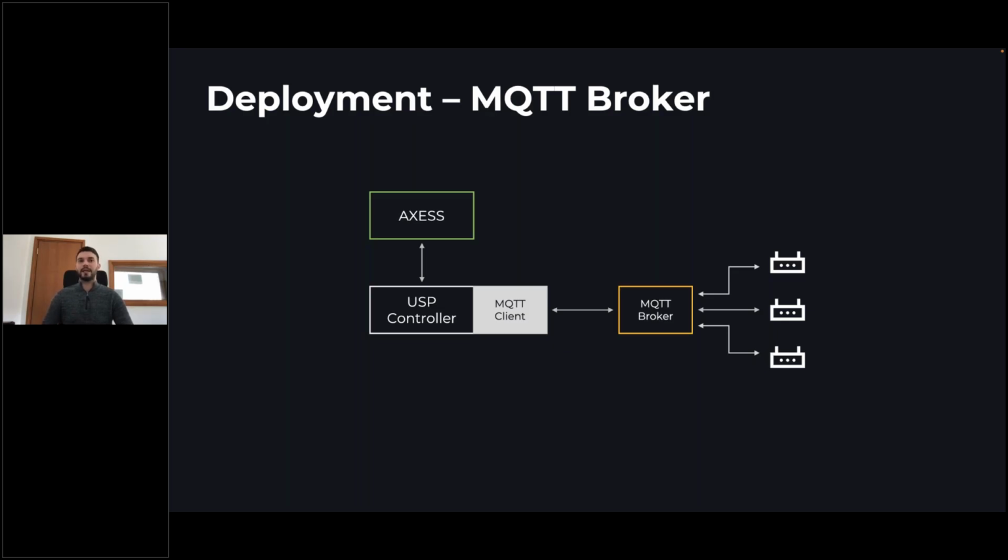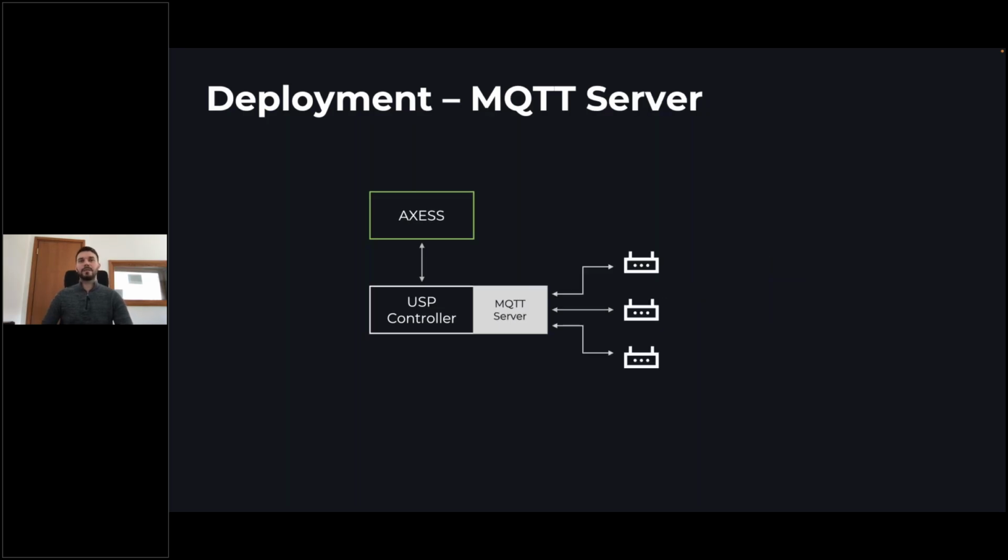We work in MQTT client mode and then use the broker in order to subscribe to certain topics or to push certain configuration to the devices, or rather the operation. So one note here is that customers do provide this MQTT broker, but one question would be, okay, what if you do not have a broker? For that, we have a third deployment scenario where the USP controller works in MQTT server mode.